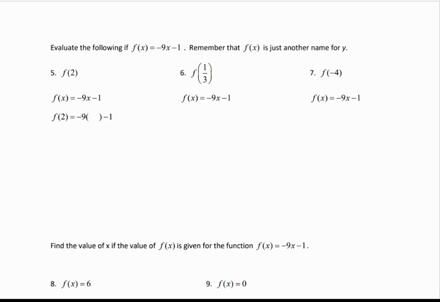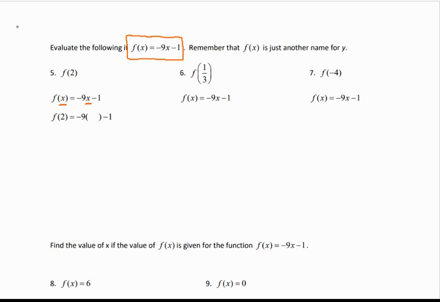On number 5 and 6 and 7, we don't see that machine, but it's still asking us to do the same type of thing. For all 3 of these problems, we are using the function f of x equals negative 9x minus 1. So on number 5, it's saying find f of 2. What does that mean we do? It simply means we plug in 2 where I see an x.